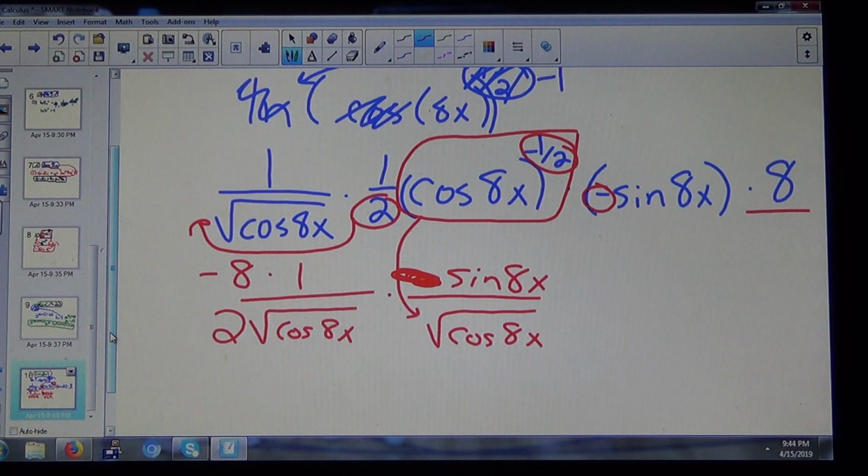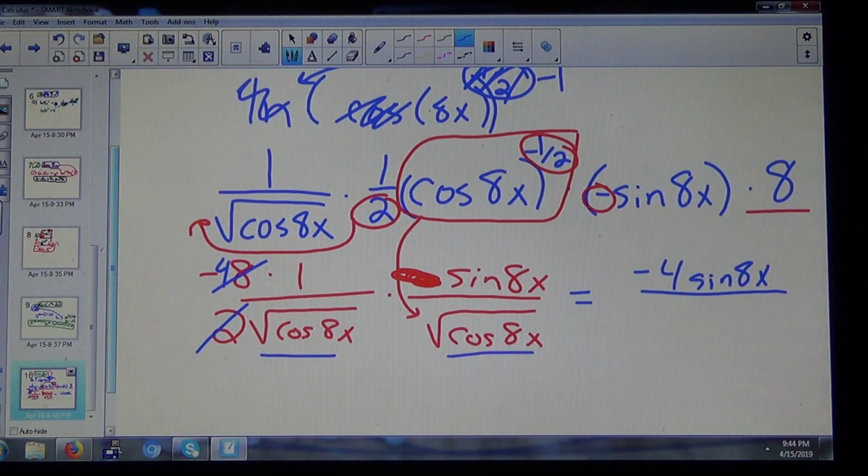Okay, now if I simplify, all being multiplied here, 2 goes into the other ones. 2 goes into 8 4 times, so negative 4 sine of 8x over, what's the same thing that's being square rooted and multiplied together, so square root times the square root, they cancel, so then you're just left with cosine of 8x.